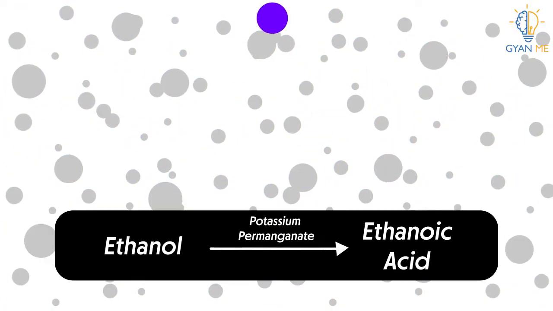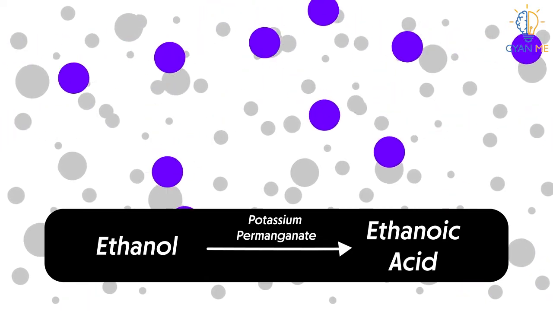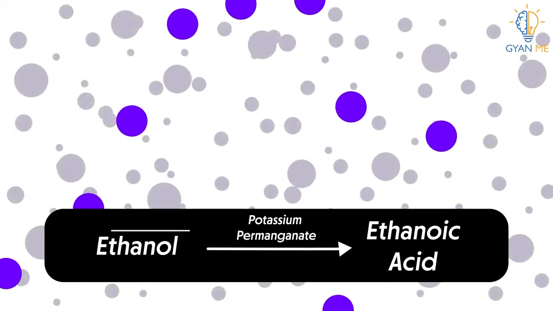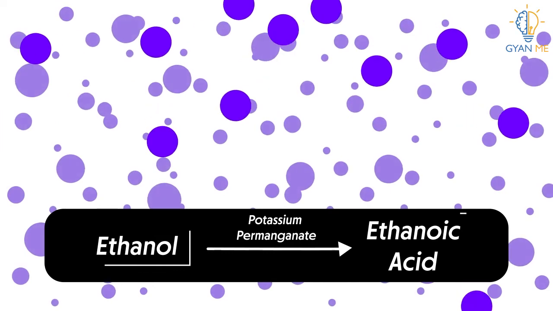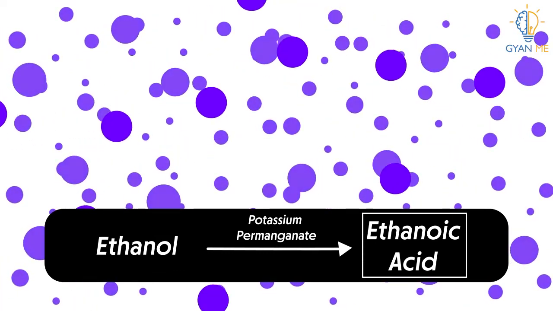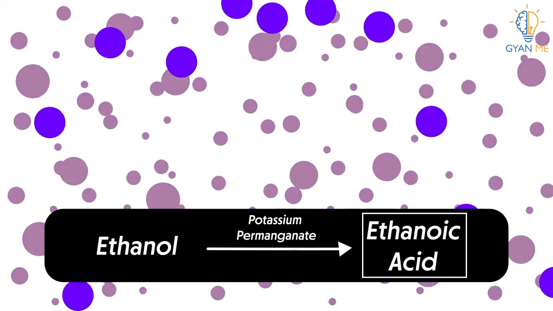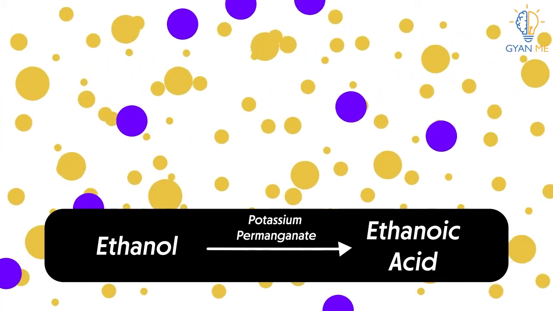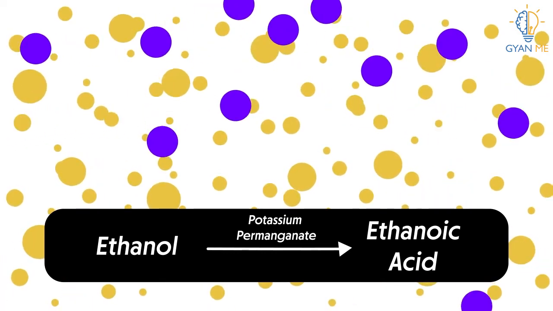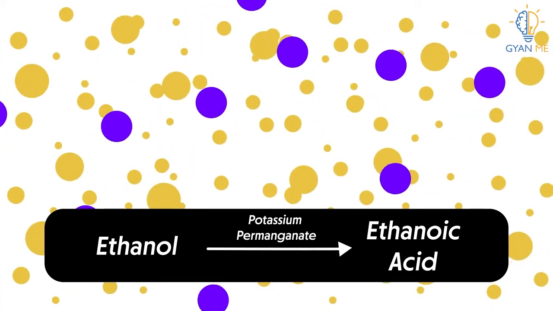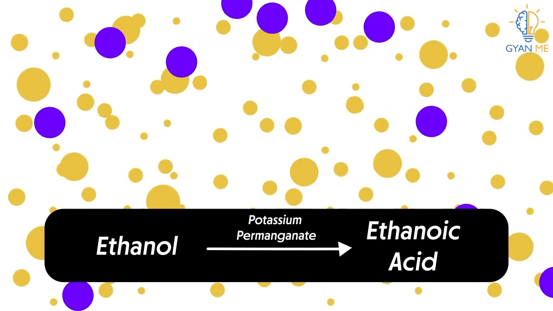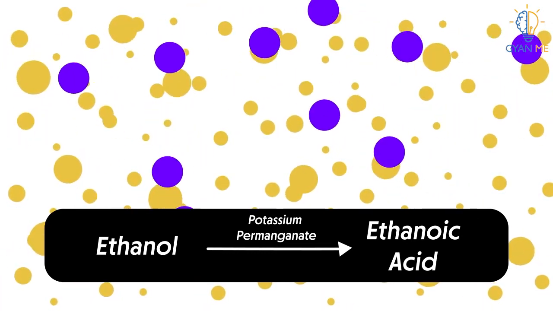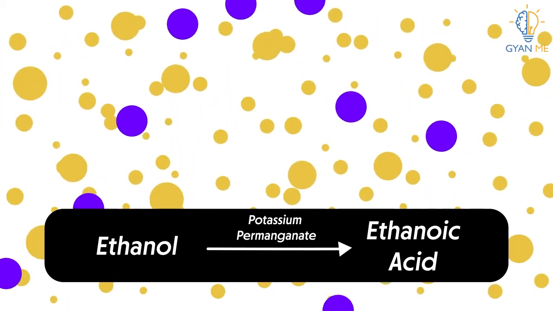This is because the colored permanganate ions of potassium permanganate, that is KMnO4, caused the oxidation of ethanol to form ethanoic acid, which was there in the test tube already. But after some time, no more ethanol molecules were available for oxidation, and hence no reaction took place. So the color of the solution remained yellowish brown even after more KMnO4 was added.